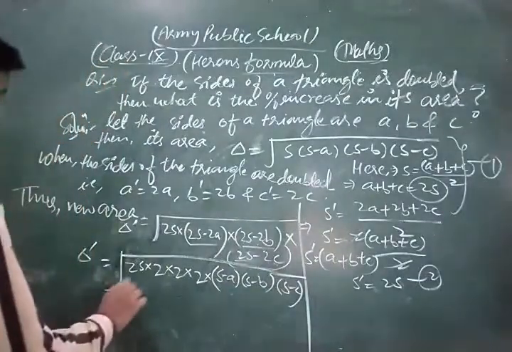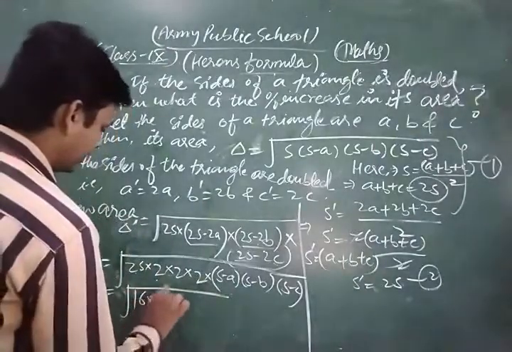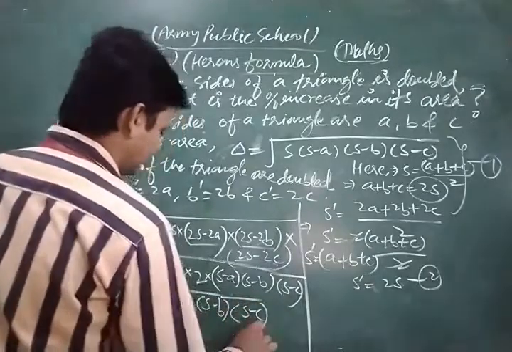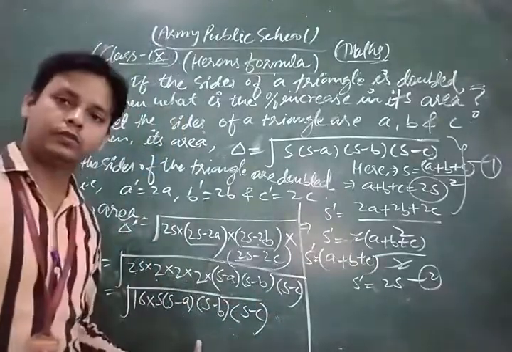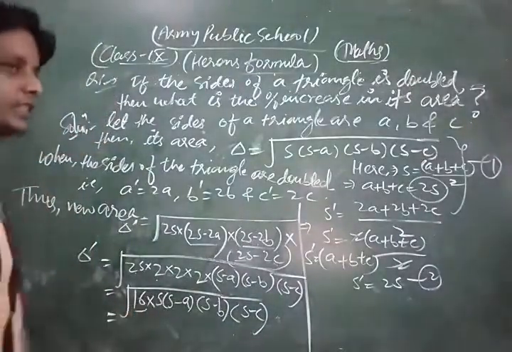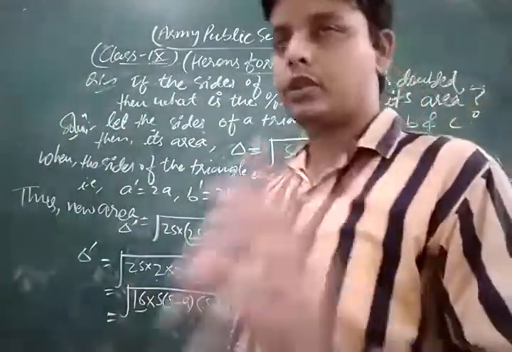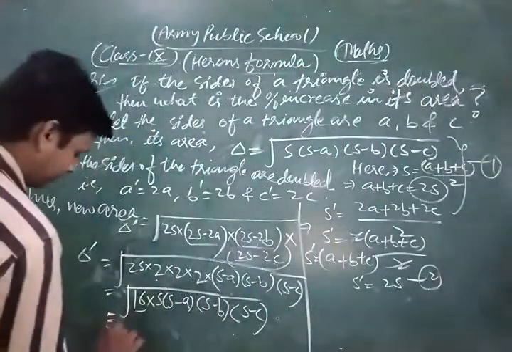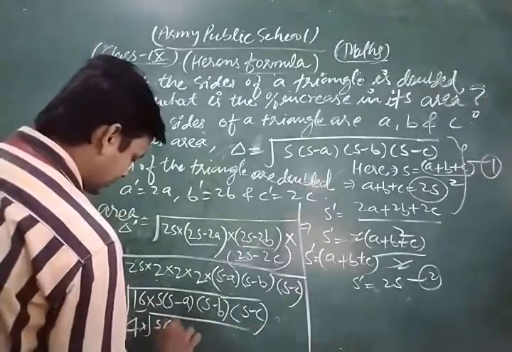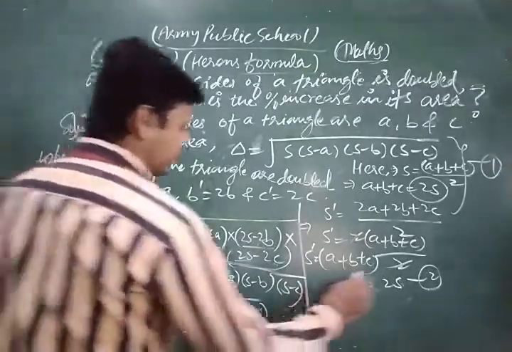Now 2 times 2 times 2 times 2 gives 16, so we have 16 into s minus a, s minus b, s minus c. We also write the square root of 16 is 4, you know that very well. So we take 4 common, and under the root we are left with s minus a, s minus b, s minus c.